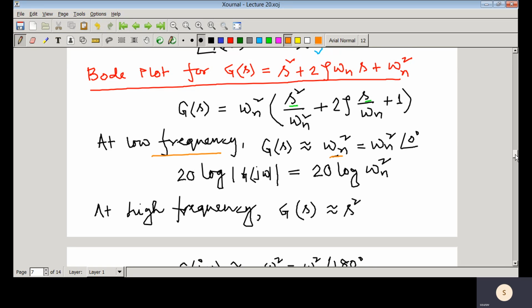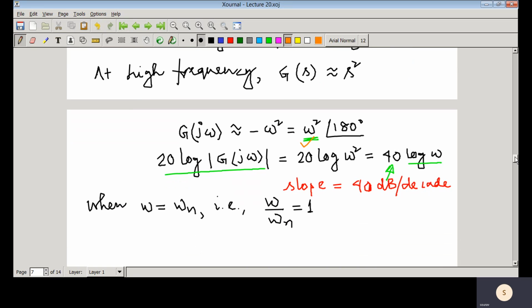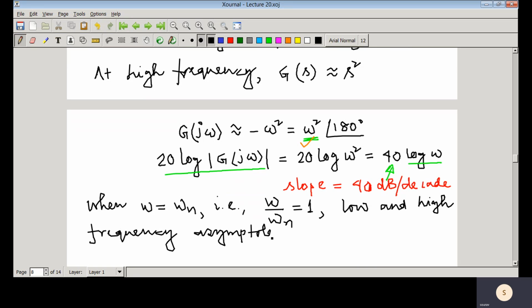So that means when omega equal to omega n, the high frequency asymptote and low frequency asymptote are same.